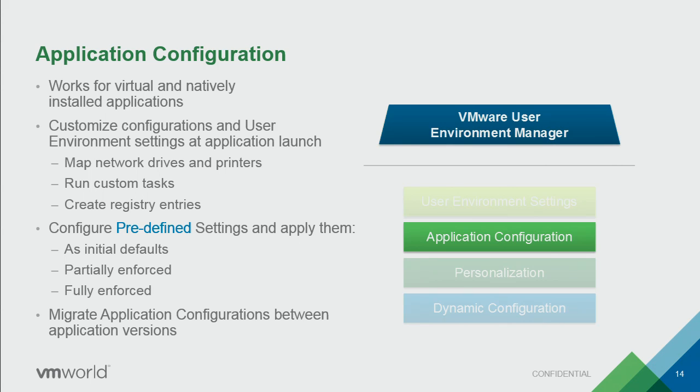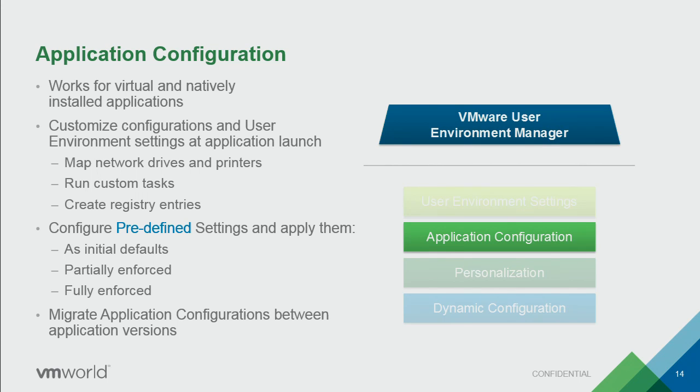I can go in and set all of those as a default for the user and say, this is what your application is going to look like when you launch it. Or you could set that default and say, this is what it's going to look like, but if you change it, I'm going to capture all those settings so the next time you log in, you get those settings back. So if a user goes in and changes their window size, the size of an application, they're going to get that next time they log in, because User Environment Manager will capture that.